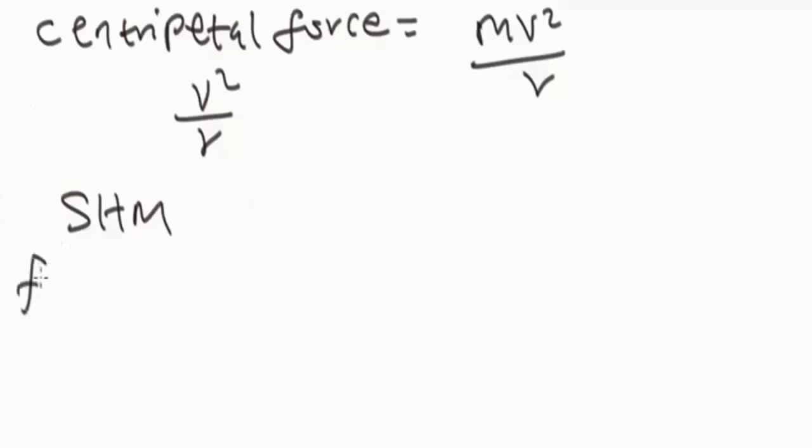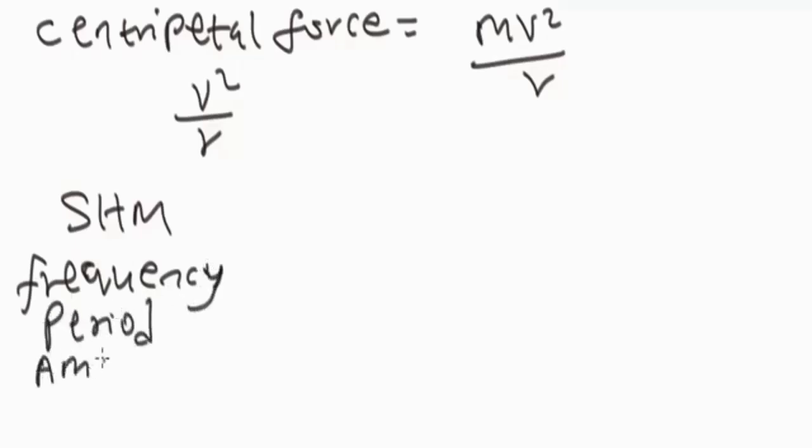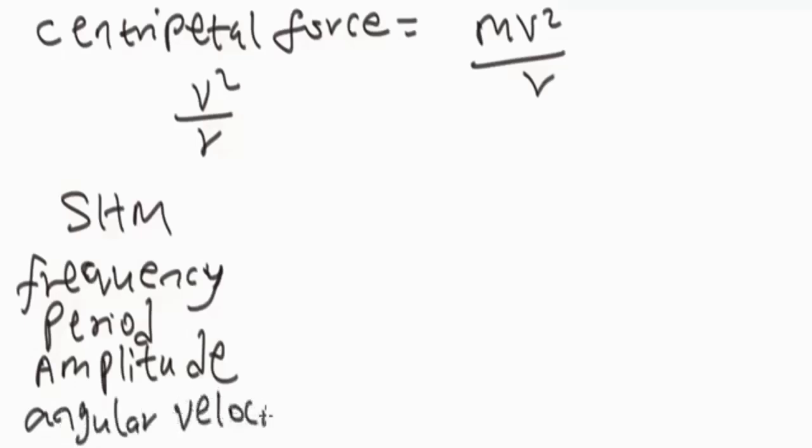We have frequency, period, amplitude, and angular velocity. Alright, so we're going to look at these basic four terms in simple harmonic motion. Let's begin with frequency.